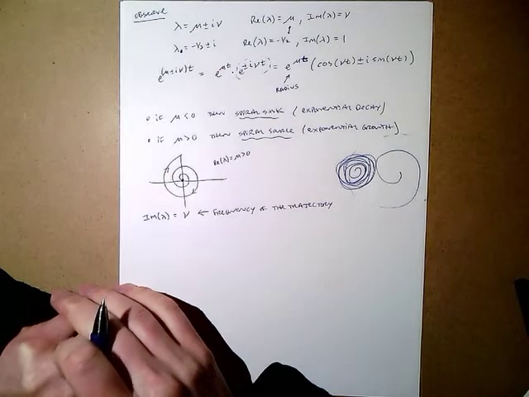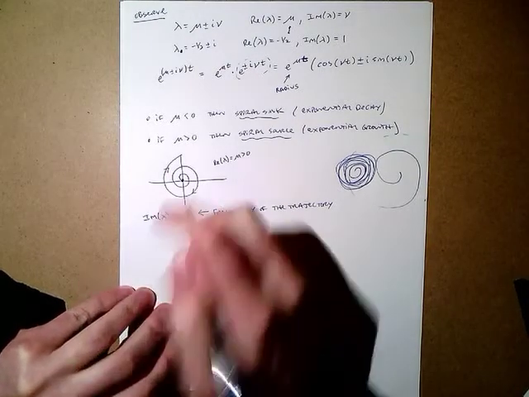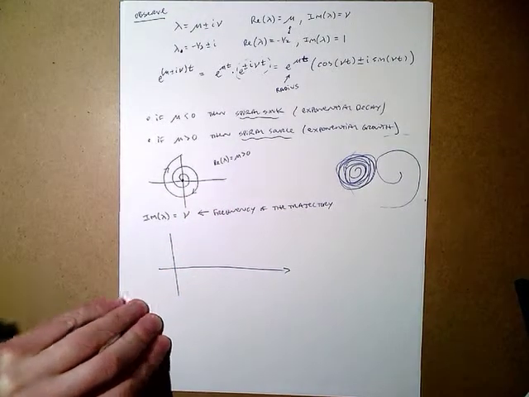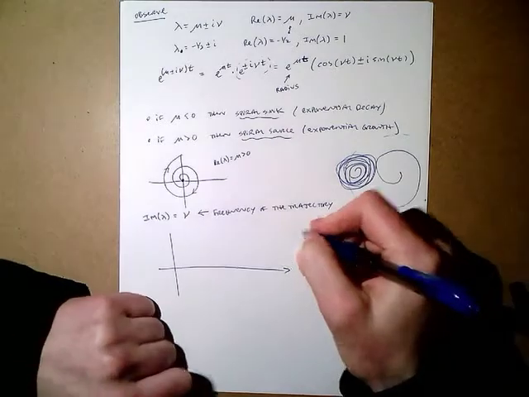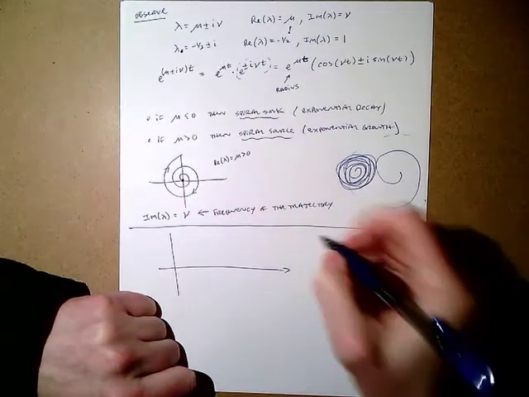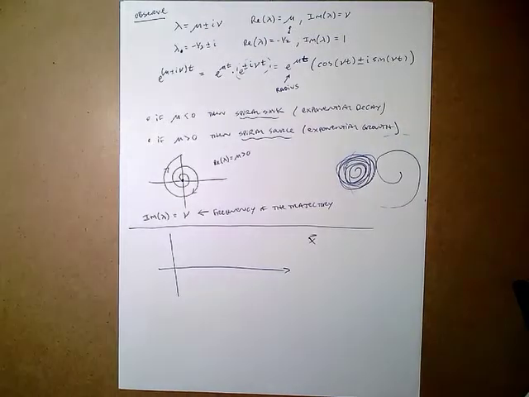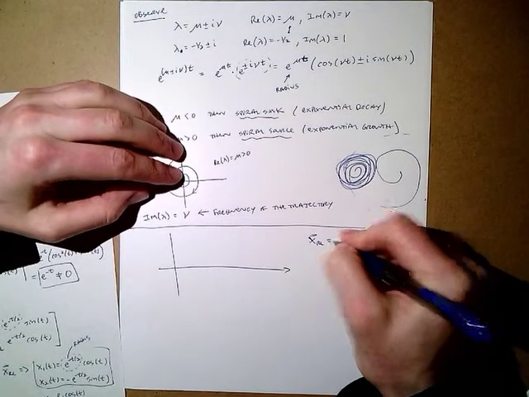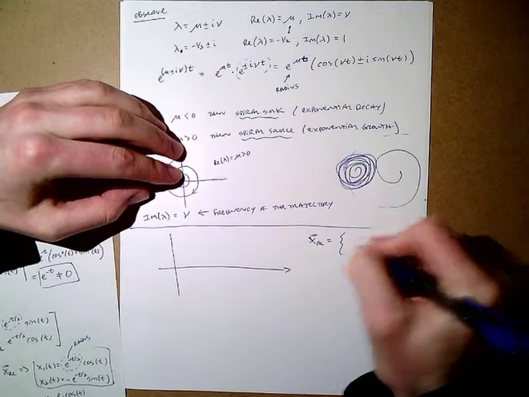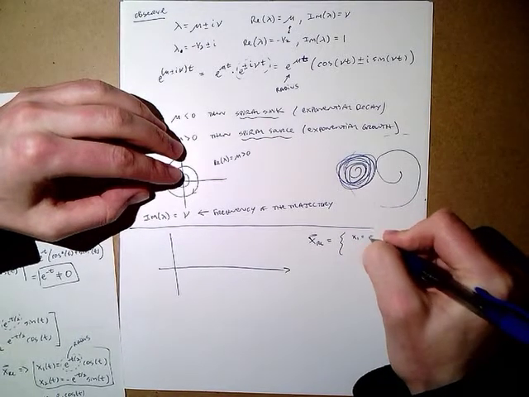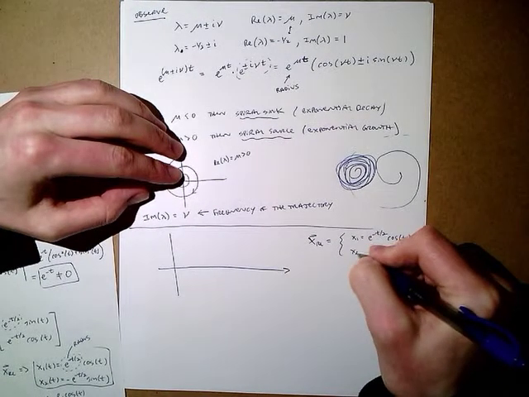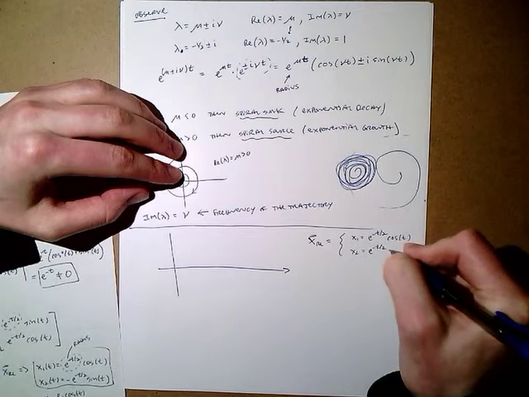And we could perhaps see that a little more clearly if we were to, say, draw the component solutions of your solution. So let's look at our example here where we have the spiral sink. What we did was we looked at the real component. So we get x1 equals e to the negative t over 2 cosine, and x2 equals e to the negative t over 2 sine.